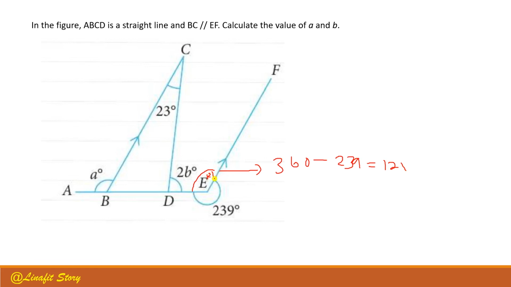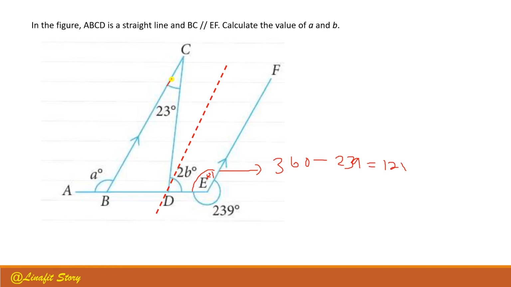And then over here, we can see that BC is parallel to EF. And then we should draw the helping line, which is parallel to CB and EF.